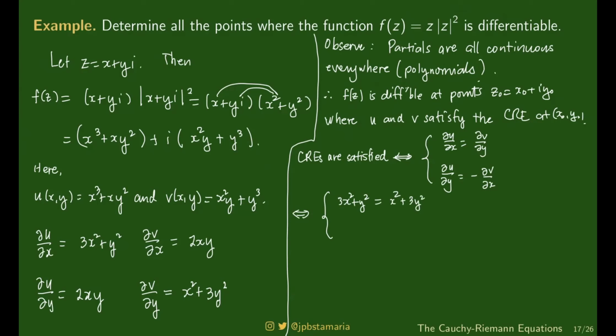Yung Uy natin naman ay 2xy while ang minus Vx ay minus 2xy. Ang gagawin nyo ngayon, isa-solve nyo lahat ng mga xy na nakakasatisfy dito sa dalawang equations na to. Para malaman natin kung saan-saan magiging differentiable si f of z. Did you understand? Isa-solve nyo lahat ng mga x and y na nakakasatisfy sa system na ito.